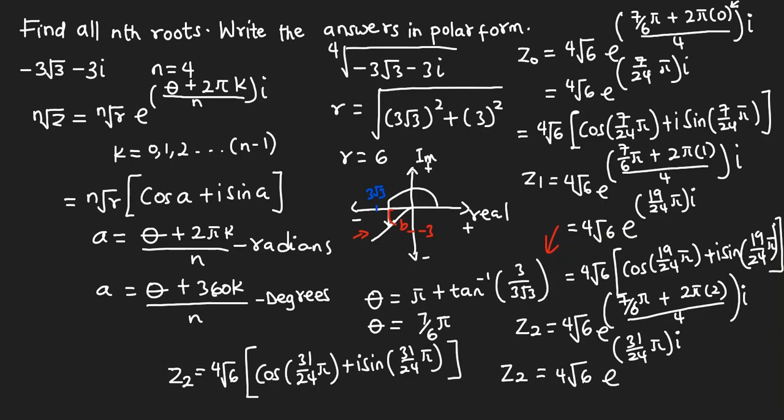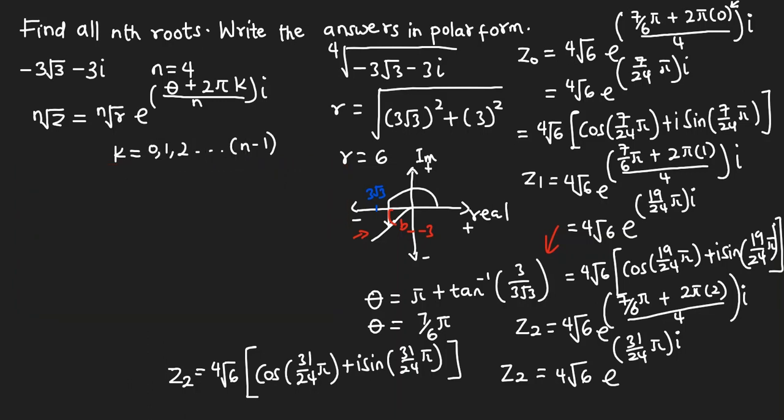So let's find the fourth root. Don't forget to always express your answers in polar form, because the question told us to express the answers in polar form. So that's why I leave it at this point. Okay, so now for the fourth root, you're going to have z3, where k is 3.